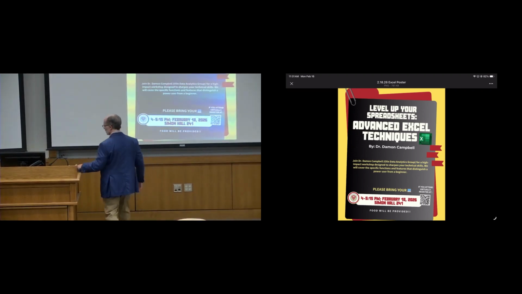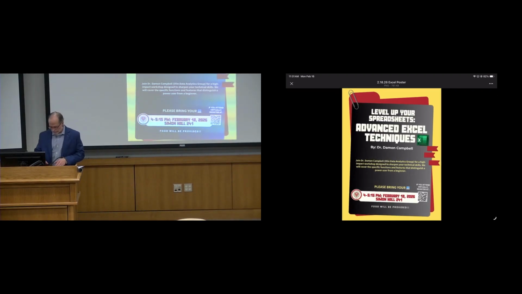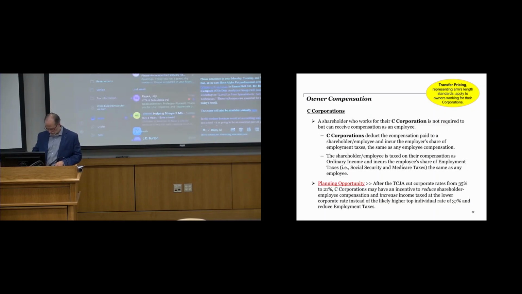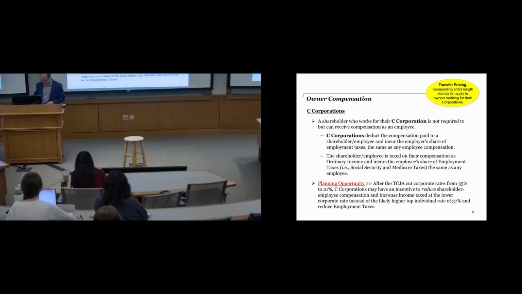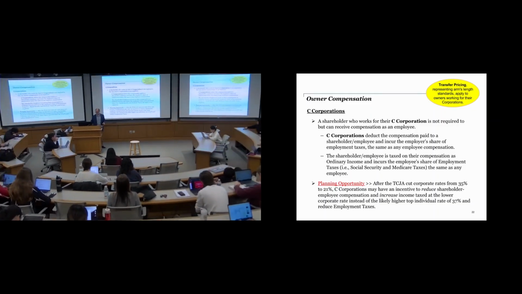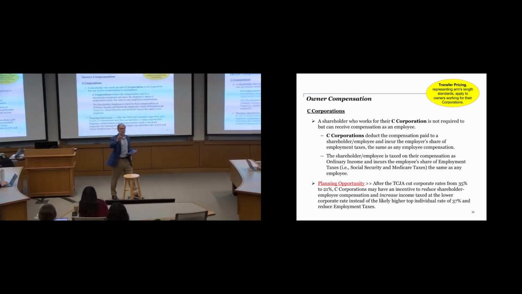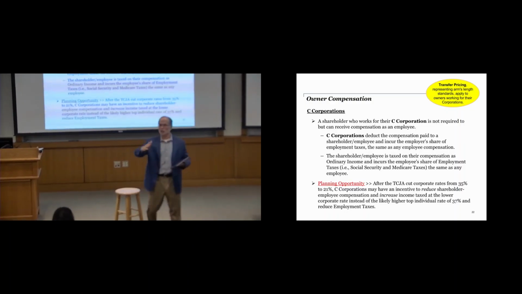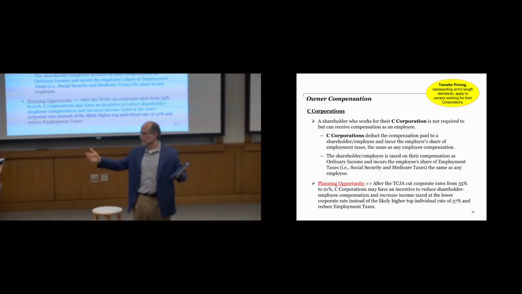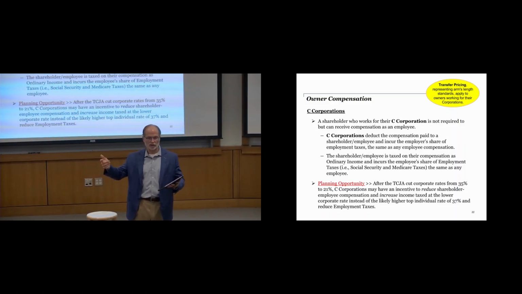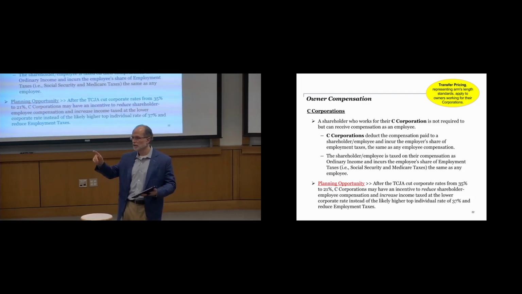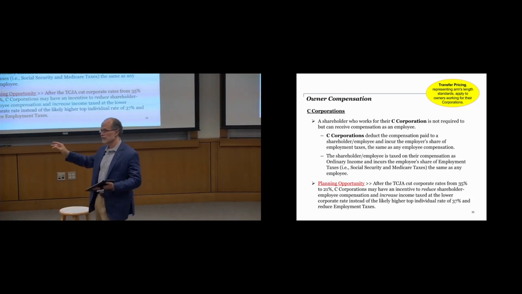Okay. So we are going to cover the last portion of the Chapter 4 material pretty quickly. And these are two topics, and they're across business entity types. So we're going to be talking about owner compensation and then business entity losses and the ability to utilize losses.